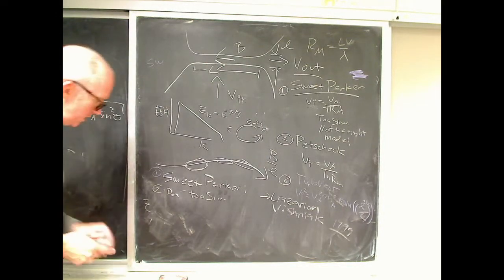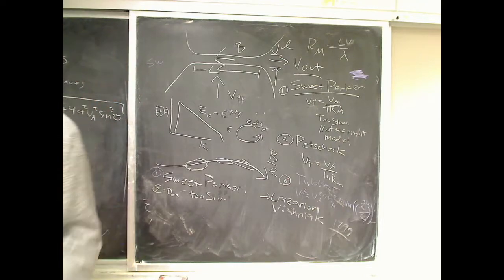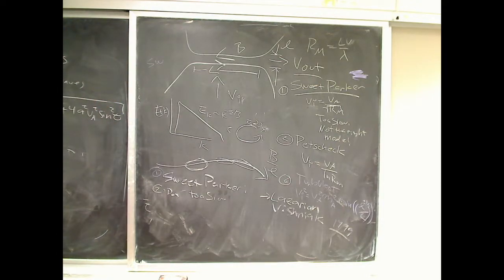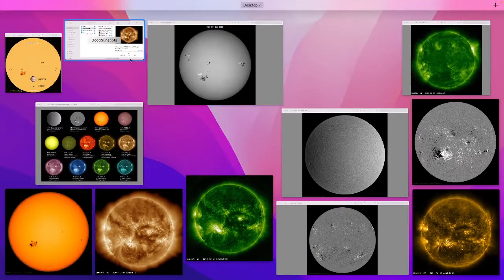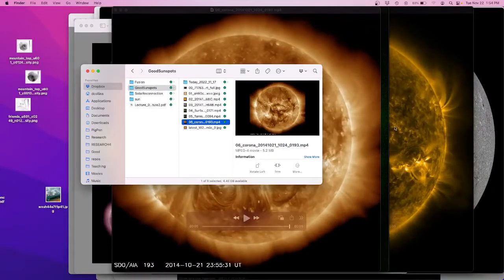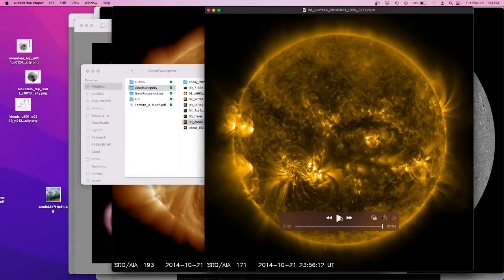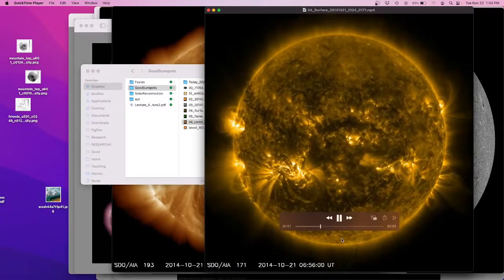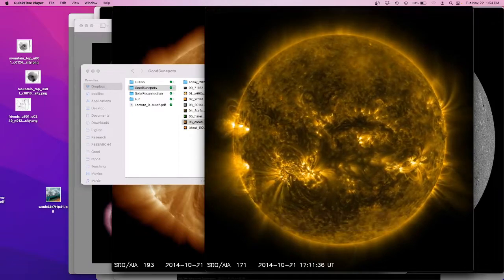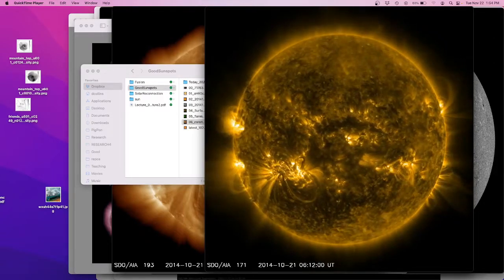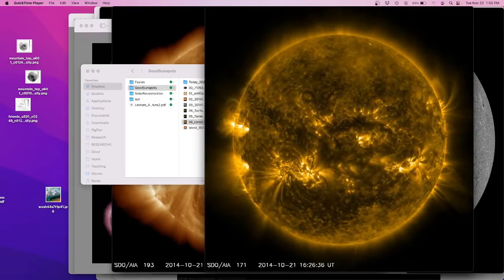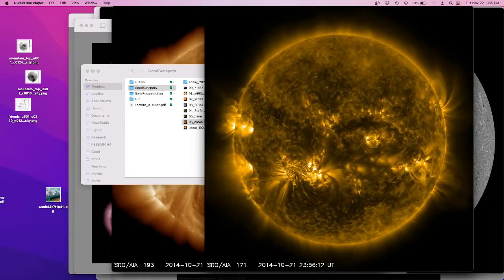So let's look at some reconnection. Here's all the sunspot videos. So we can see it happening. Every time there's one of these, you can see these field lines showing up and breaking all the time. It's really most apparent in this one. And you can see the little bright spots. So this is a couple of processes.